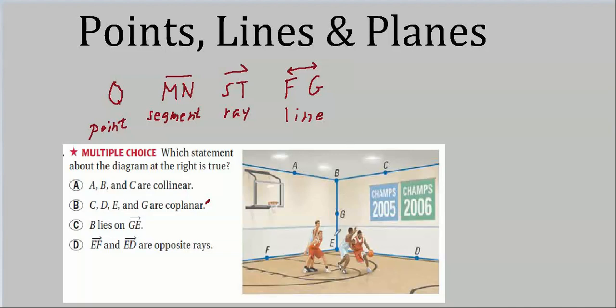If you drew a picture of it, they'd look like this, with the common endpoint here. But as we saw in the previous problem, the fact that they have a common endpoint does not make them opposite rays. So we're left with B is the only statement that we know is true about this diagram here.